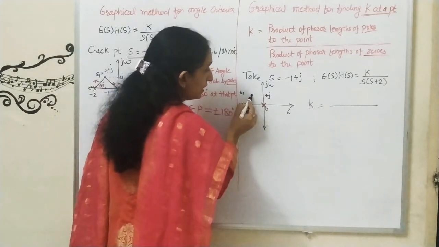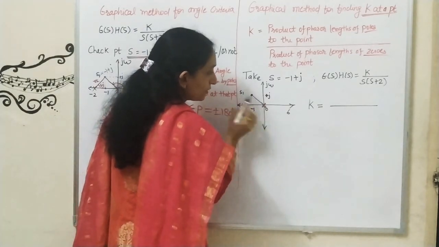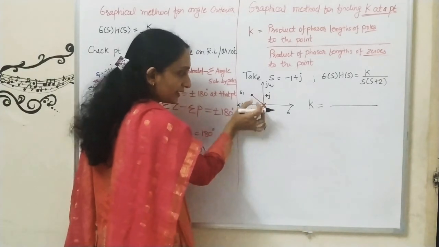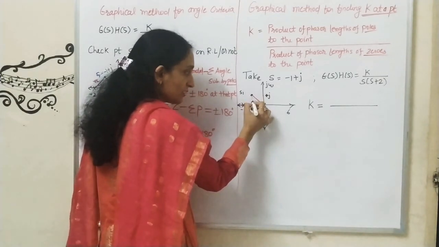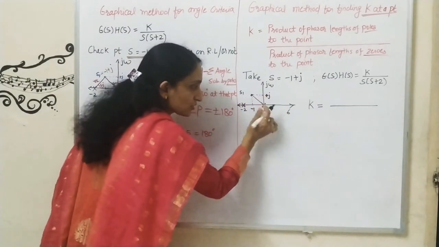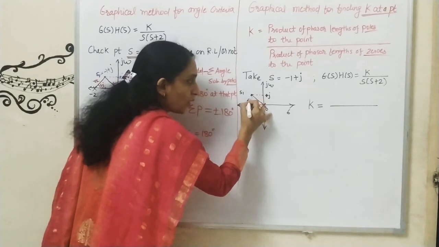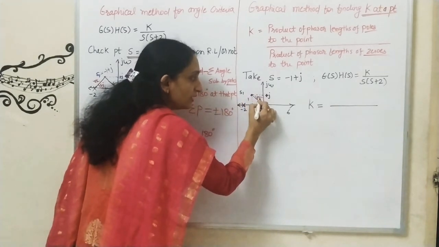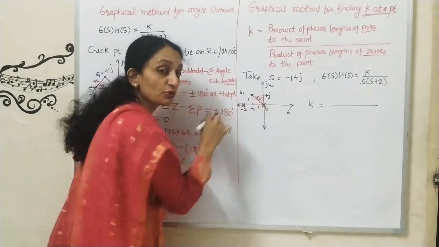I will join the first pole with this point. I need to calculate a phasor length. I am showing it with the dotted line. The x coordinate is 1, the y coordinate is again 1. So the phasor length is root 2.